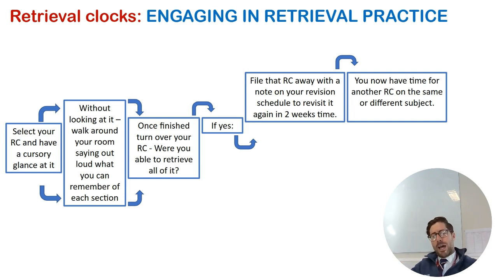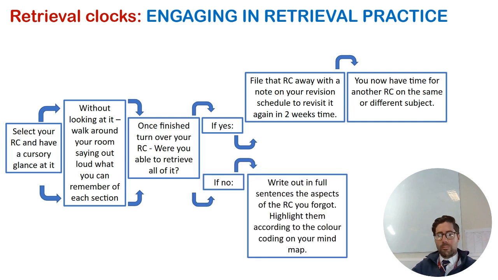If this is perhaps your first or second go through, like most people, you're not going to have successfully retrieved absolutely everything on that retrieval clock. And that is fine. This is still a very useful thing to do. So what do you do? You write out all those things that you forgot, you highlight them in the color coding that you've used on your retrieval clock if you've used a color coding scheme.